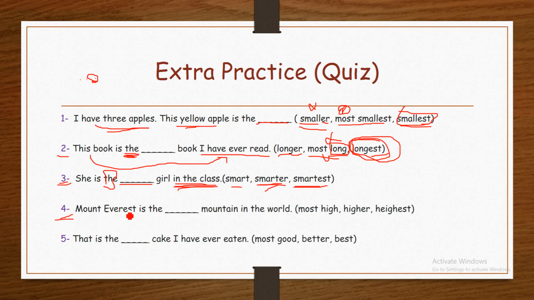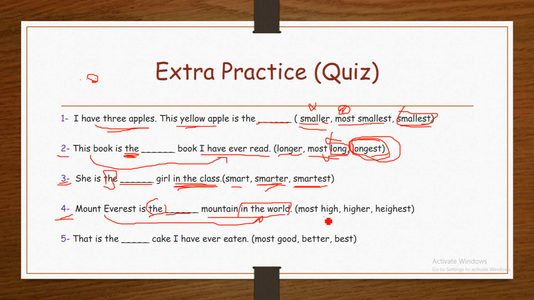Number 4. Mount Everest is the blank mountain in the world. In the world, there is more than one mountain. You compare Mount Everest to a group of mountains in the world. Therefore, we need a superlative form of adjective. We have high, higher, highest.